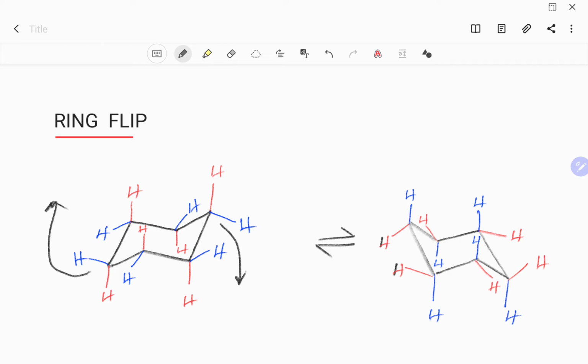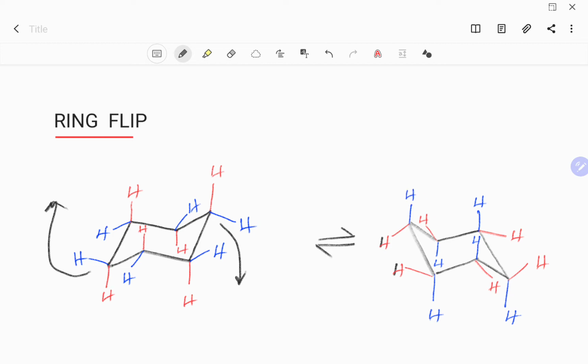You can imagine holding the two carbons, the one pointing up and the one pointing down, and twisting, bringing those two carbons to the opposite side. This bottom carbon will go to the top, and this top carbon will go to the bottom. If you do that, you are flipping the whole ring, and all the equatorial bonds, the blue bonds, will become axial.